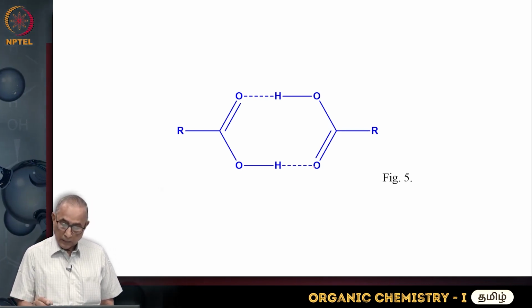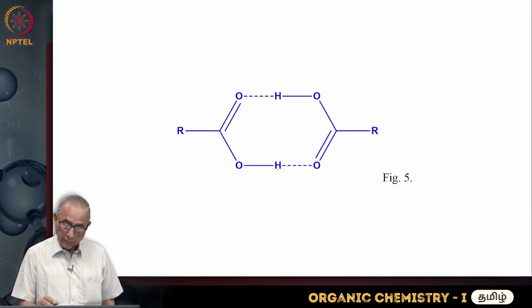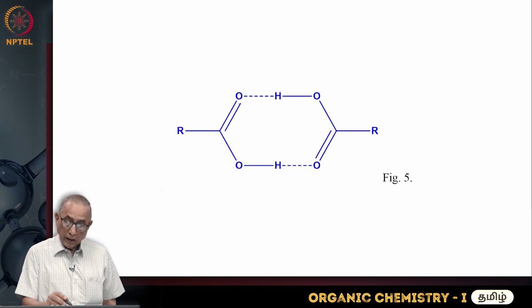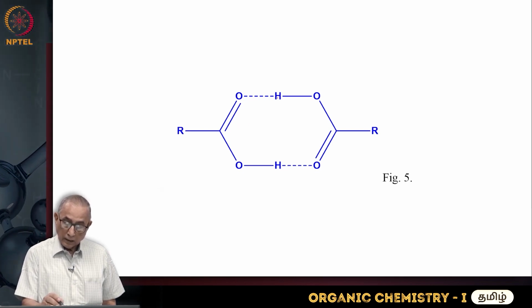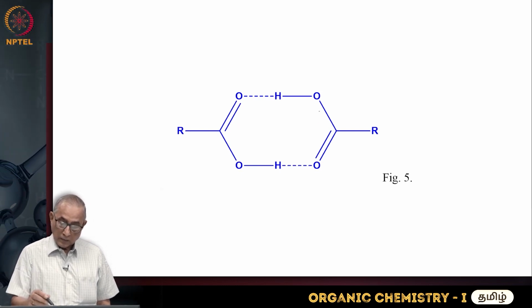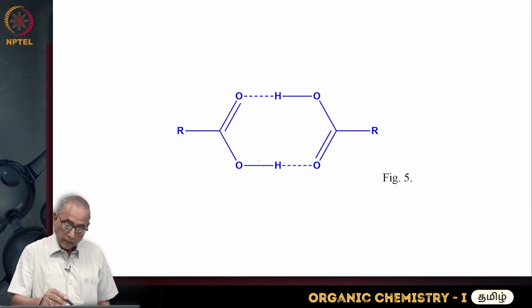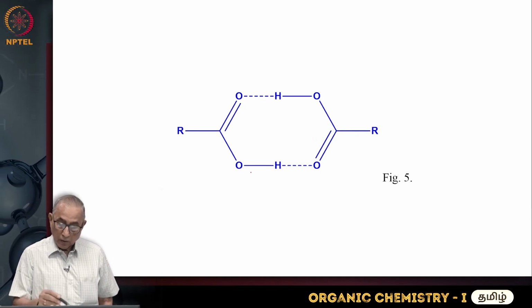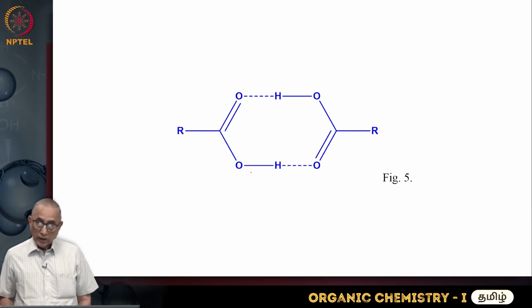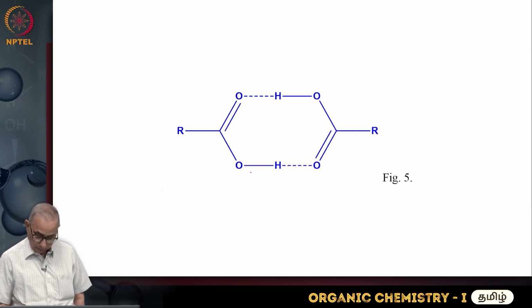The double bonded oxygen of the carboxyl group forms a hydrogen bond with the hydrogen of the other, and vice versa. So, 2 molecules, this is the COOH one molecule, this is the COOH another molecule, they form a tight dimer, and usually these are very high boiling liquids or solids.